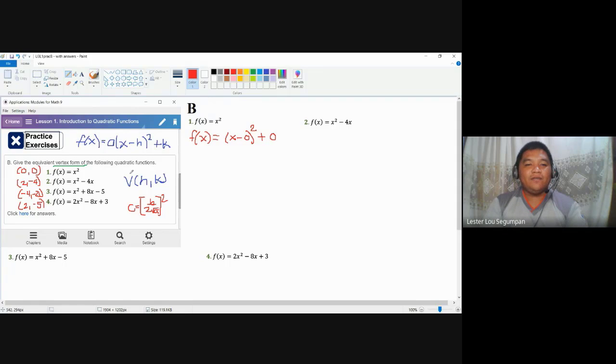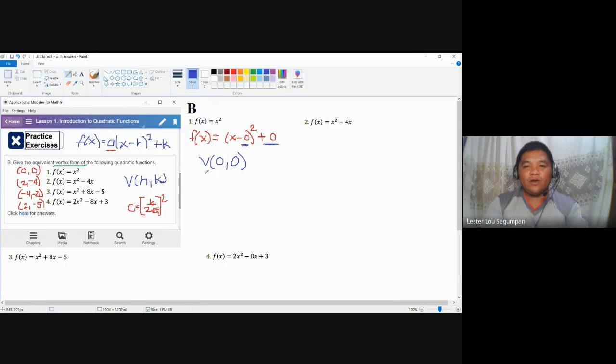So this is actually the vertex form of this expression here, x minus 0 squared plus 0, where the a value is equal to 1. And then your vertex now is just the value of the h here, which is 0, and the value of your k here, which is also 0. So take a look at this.